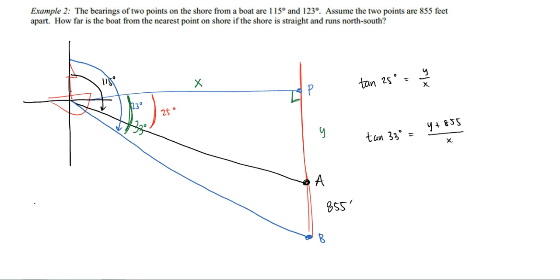And so you'll see we have two equations where we could make one say y equals, preferably the first one, substitute it into the second one, and we should be able to solve for x, the distance to the shore. So I'm going to go ahead and do that. I'm going to rewrite this first equation to say x tan 25 is equal to y.